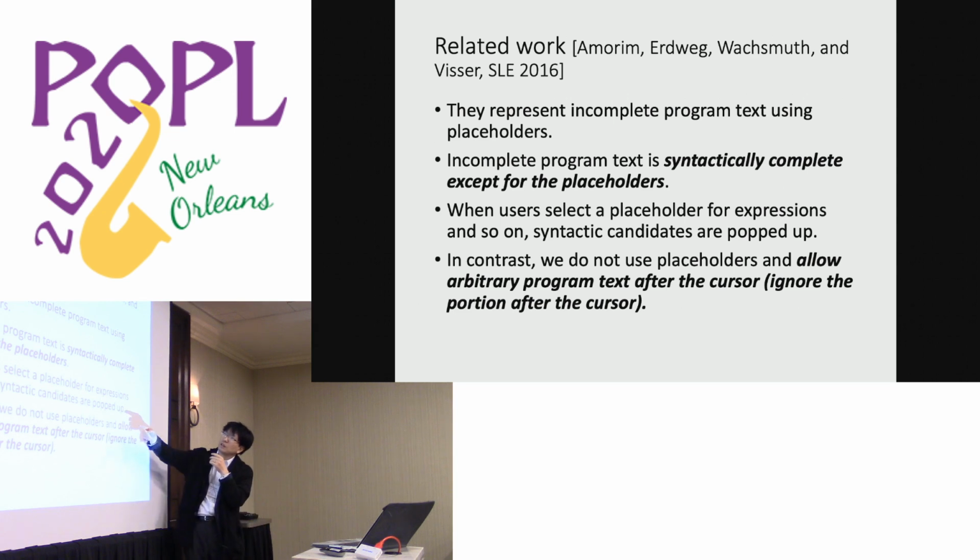When users select a placeholder, syntactic candidates which suit the place of the placeholder are popped up. In contrast, we do not use placeholders or anything like that, and allow arbitrary program text after the cursor position. That is, we ignore everything after the cursor position.